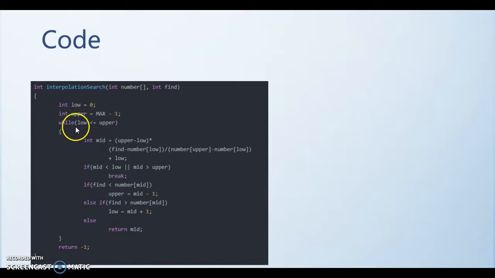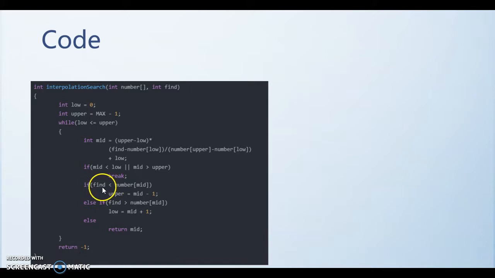While low is less than or equal to upper, we do these things. First, we use the formula to compute the middle. If the middle is less than lower or the middle is bigger than upper, we cannot find the middle in this array, so we break out and return -1.